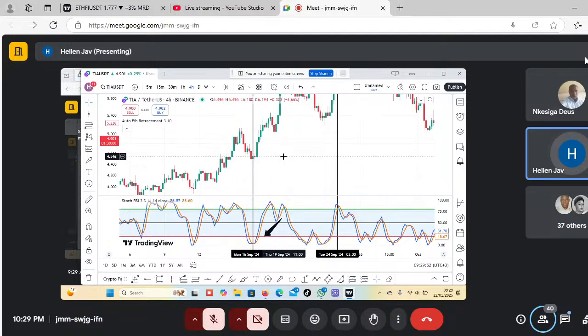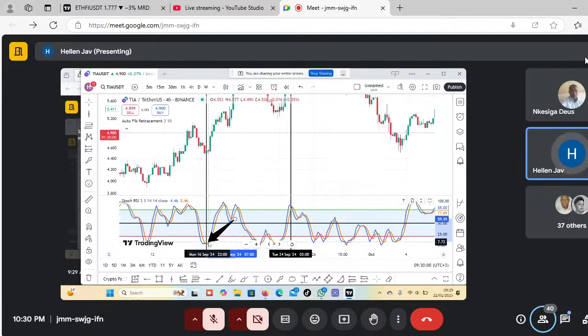Like here. What happened, guys, I want you to be observant that we had a crossover here in this region. We had a crossover at that point there, and immediately you can see that the market, which was moving this side going down, changed direction there and started going up.